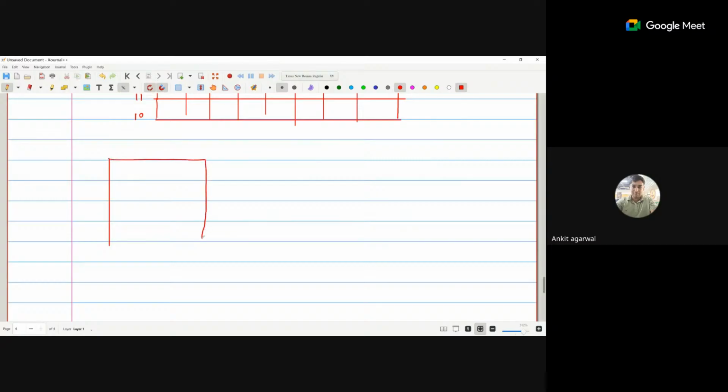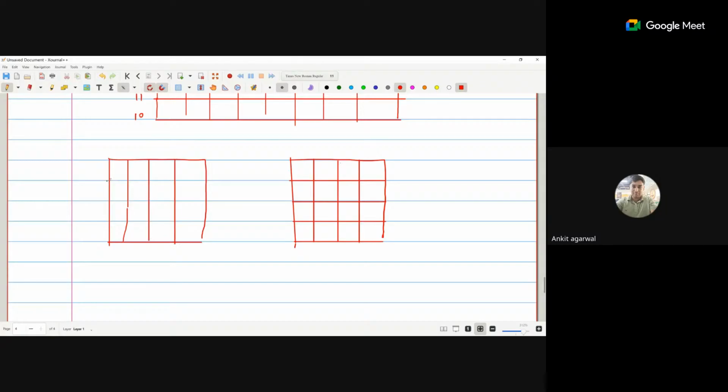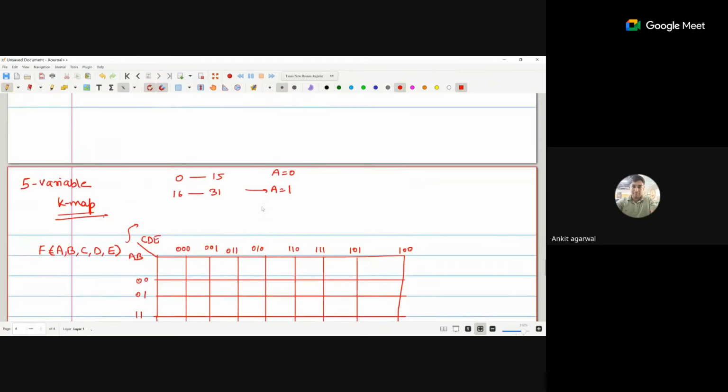Each with variables B C D. For this one we consider the value of A is 0, and for this one we consider the value of A is 1, because from 0 to 15 the value of A is 0.